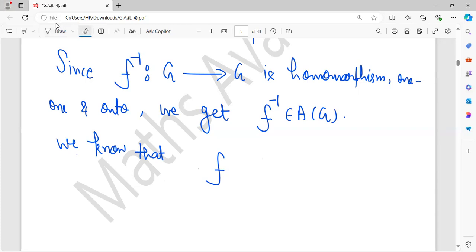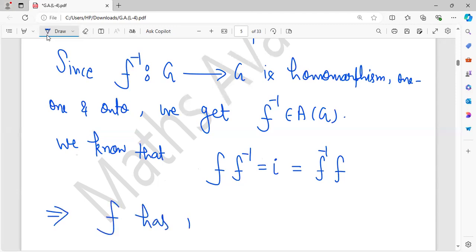So f∘f inverse is identity, and f inverse∘f is identity. So this implies f has its inverse in AG.